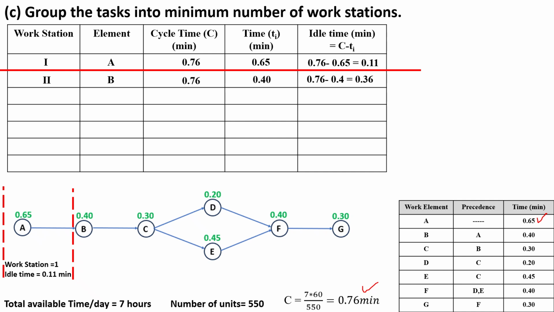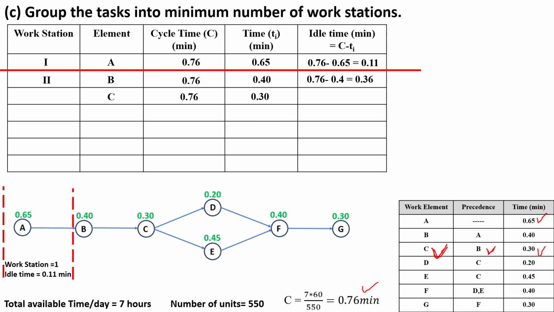So next element is C, and C will start after the B only. So next we have to move to the element C, and cycle time is the same, 0.76, and task time for the element C is 0.3.